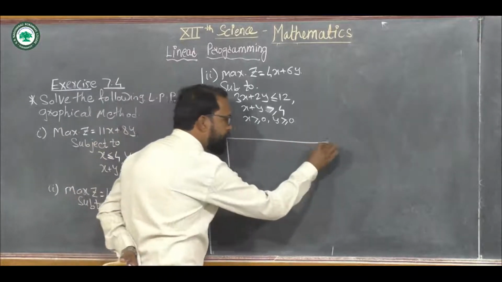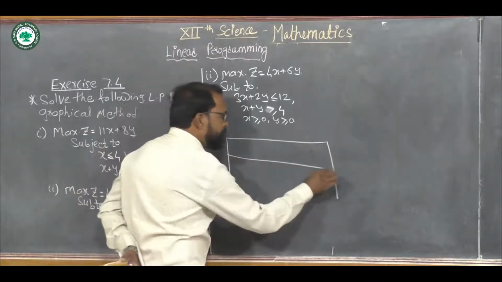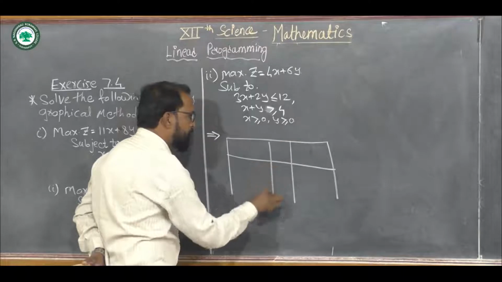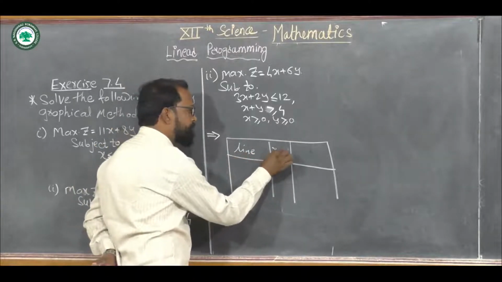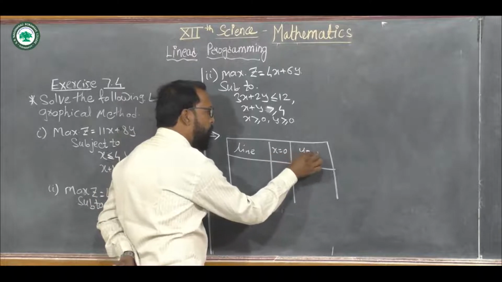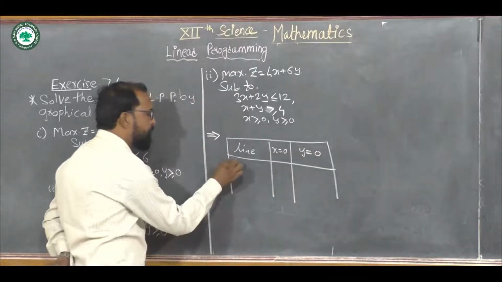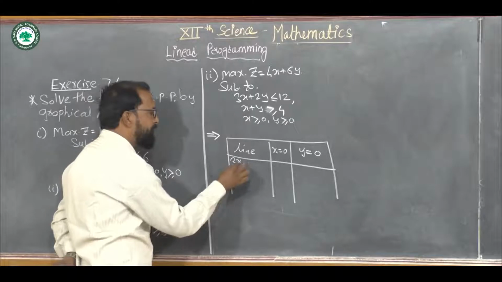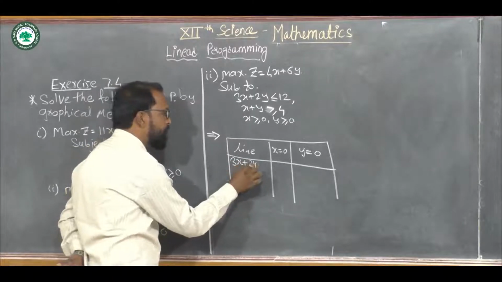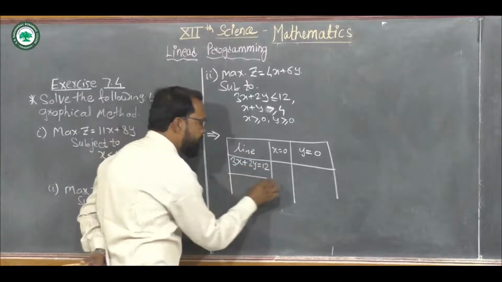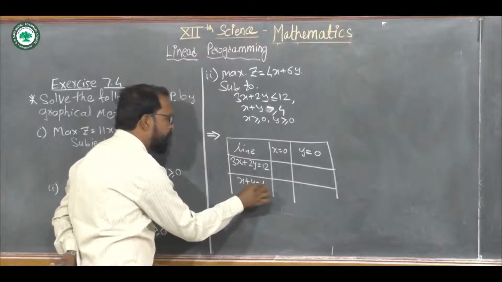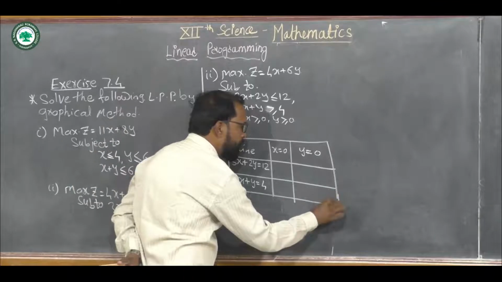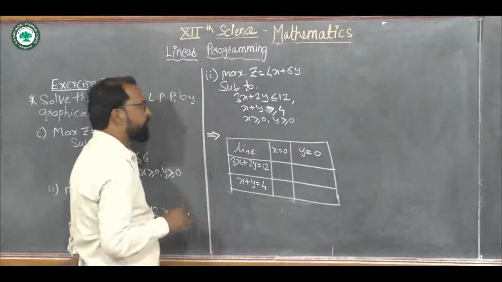Now to find the feasible region, we plot a graph. So here we make a table for the lines, x equals 0, y equals 0. Now taking the first constraint as a line, that is 3x plus 2y equals 12, and the second one is x plus y equals 4.